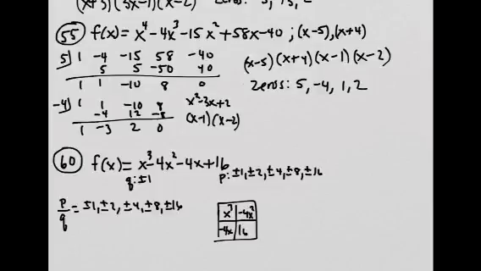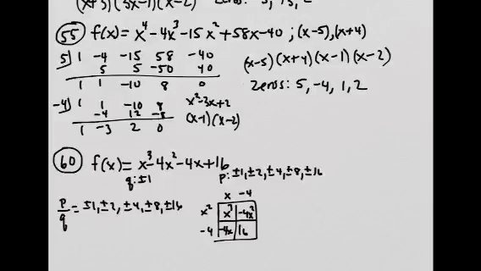So the greatest common factor in this row right here is x squared. So you have x squared. Something times x squared is x cubed, that would be x. Something times x squared is negative 4x squared, that would be minus 4. And then something times x is negative 4x, so that would be minus 4. So negative 4 times negative 4 is 16, so that works.